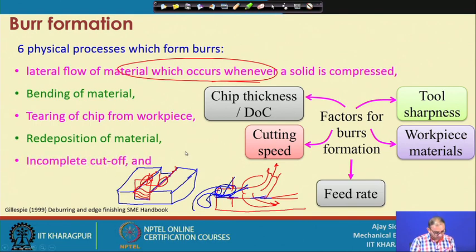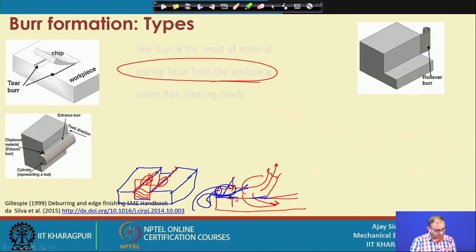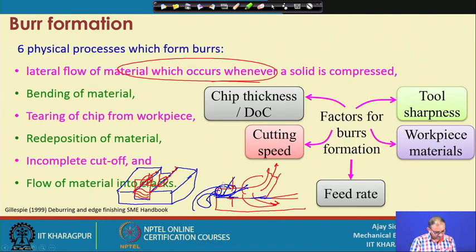Incomplete cutoff, where your tool is not reaching the end of this position. Whatever you have calculated, your tool is not completely completing the path of the cutting direction. At the end you end up with some material left here, so your tool is not reaching this location.